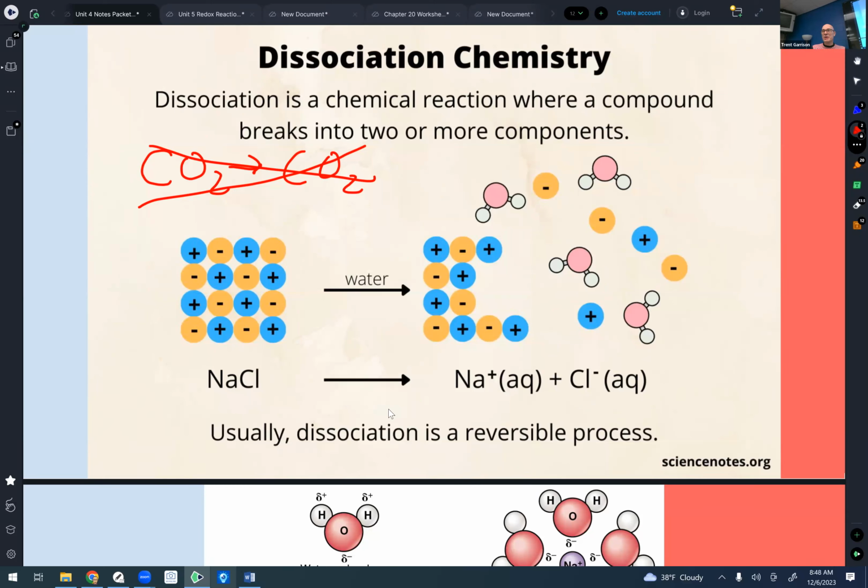So, anyone heard of a band called Not a Surf? The Rules for Modern Dating, great song. And one of the rules of the modern dating song was that if you change your mind, you could get back together with them. Well, that's the same thing in dissociation. If you split apart into the ions, a few weeks later you can come right back together and become salt, or Benifer, or Kali, Eli.